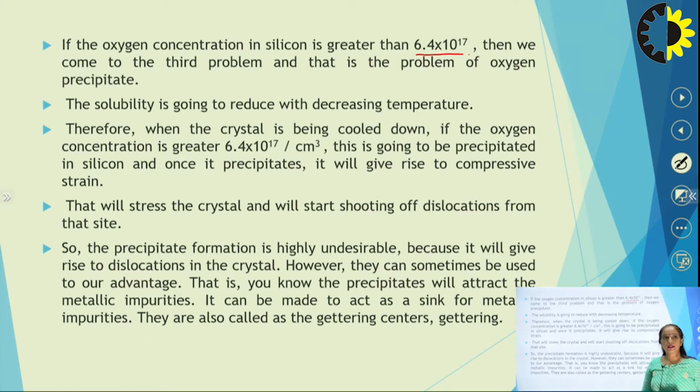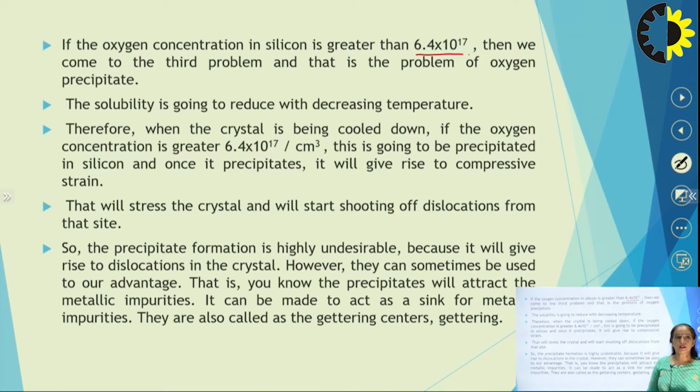So, when the crystal is being cooled down, and if the concentration is greater than 6.4 into 10 raised to the power 17 per centimeter cube, the oxygen is going to precipitate in the silicon, and once it precipitates, it gives rise to compressive strain, and that will stress the crystal and start some dislocations from the side.